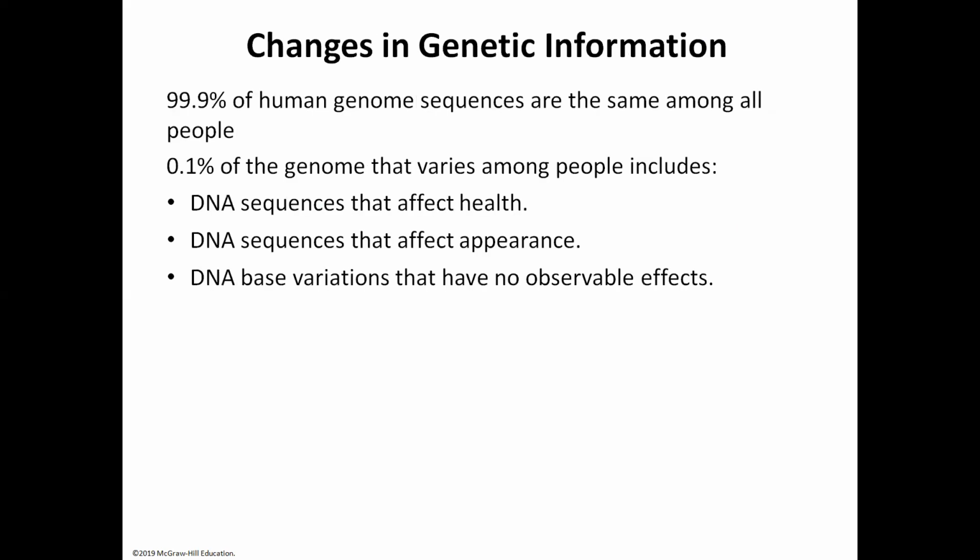Now, when we think about this, again, all of us have our genetic information. And for the most part, 99.9% of our genome sequence is the same. So we are very, very similar. But that 0.1% of our genome that varies is going to make us have these unique characteristics.